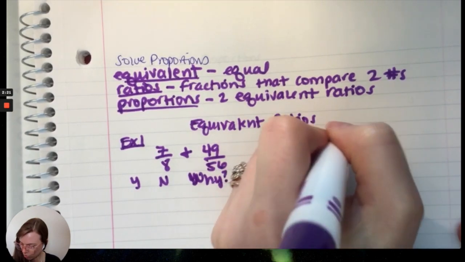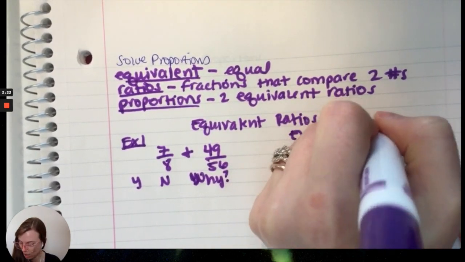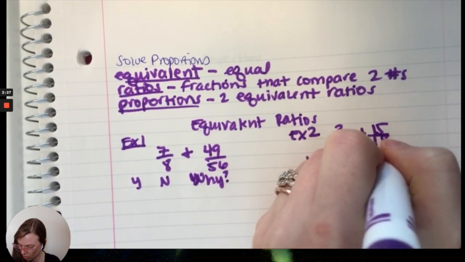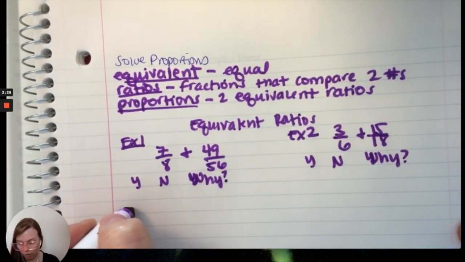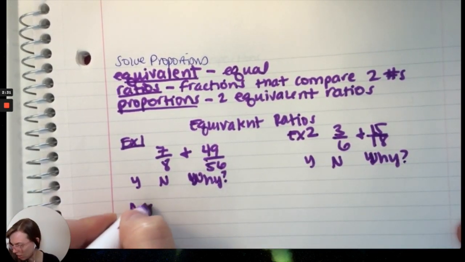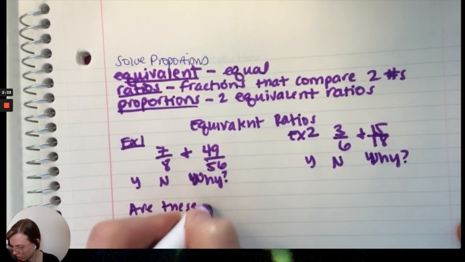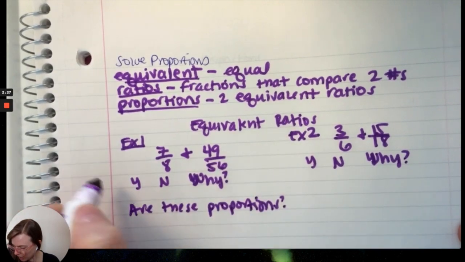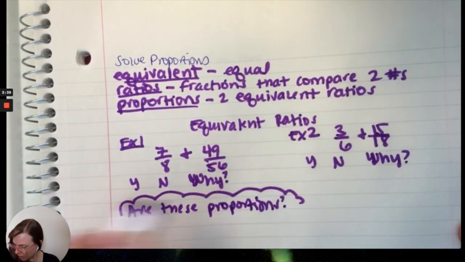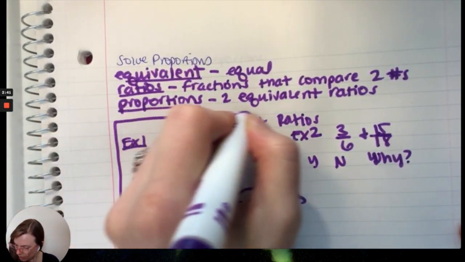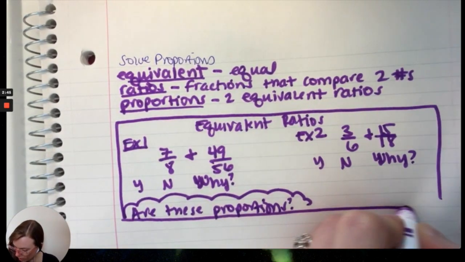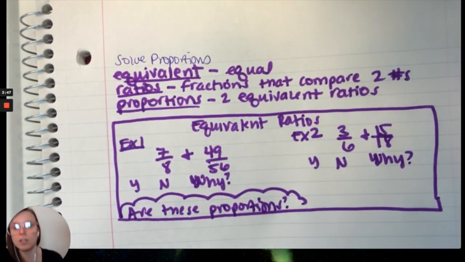Example 2, 3/6 and 15/18. Yes, no, why? And then our final question, are these proportions? So remember, it is expected that you are pausing the video so you have time to write this down. So when I'm done writing this box, pause it. Alright, pause, write this down, hit play.